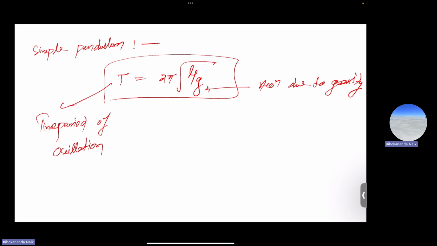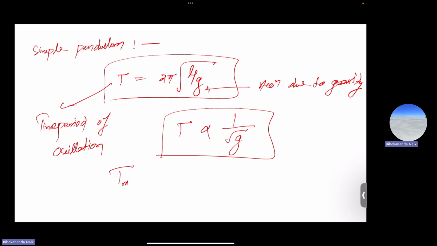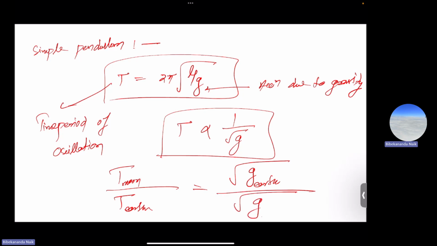So the time period of oscillation is inversely proportional to root g. So the time period on moon divided by the time period on earth will be root of g earth by root of g moon, isn't it?